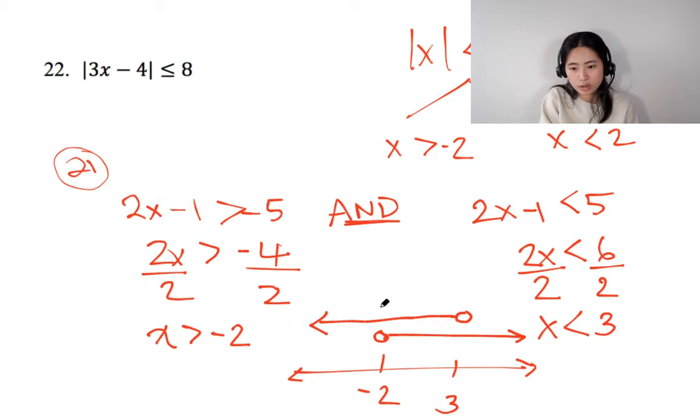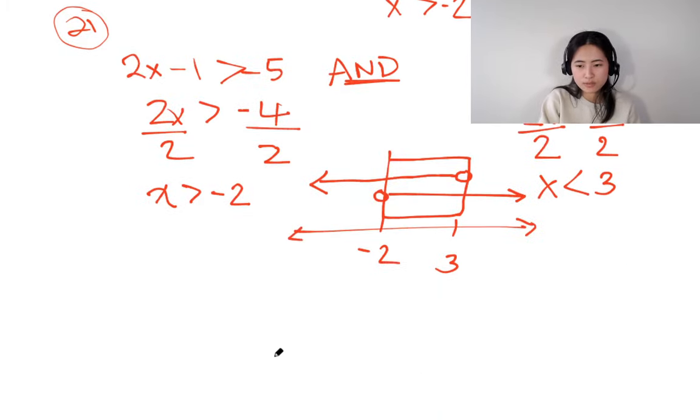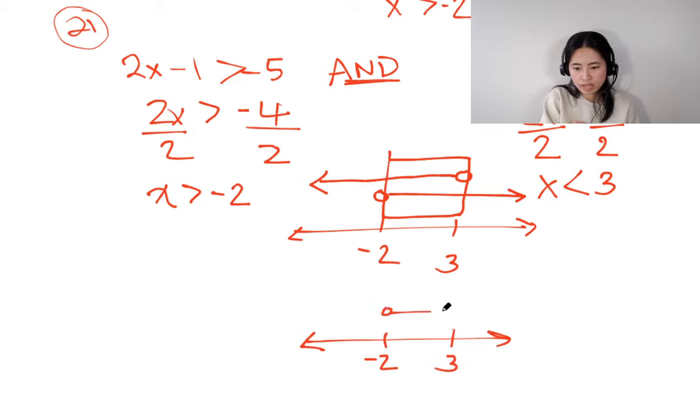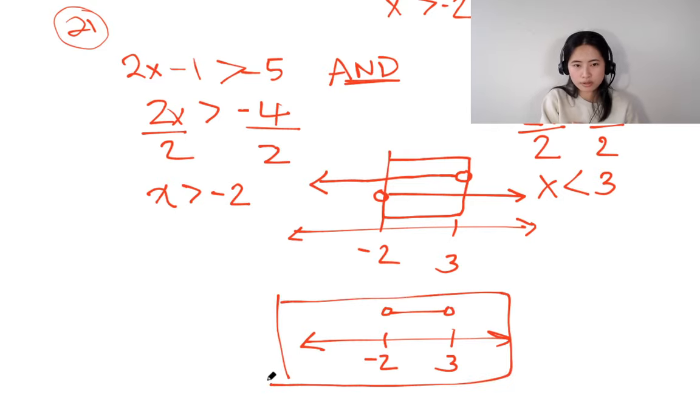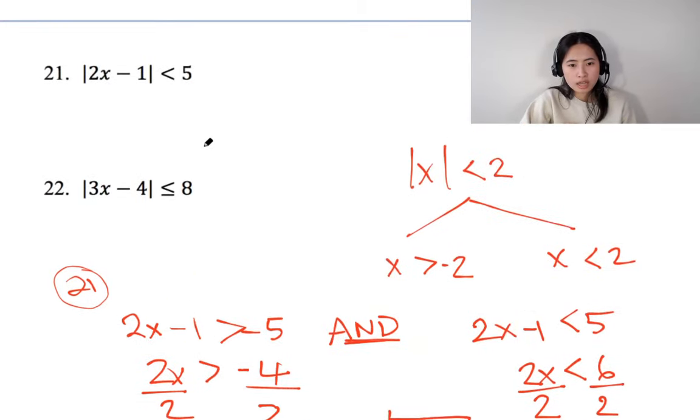As you can see, the overlap is going to be right here. So this overlap is simply -2 and 3. That means you're going to have this until this. And that's your graph for this absolute value, 2x minus 1 less than 5.